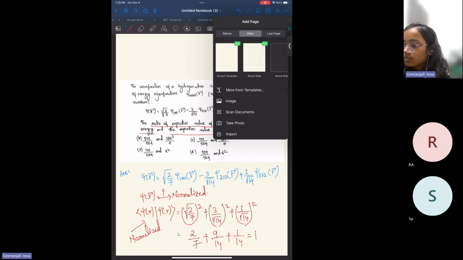Now for the expectation, as I said, the expectation of L square you can write as a summation of probability with the eigenvalue. So first we have to see what is the eigenvalue of L square in the superposed state.